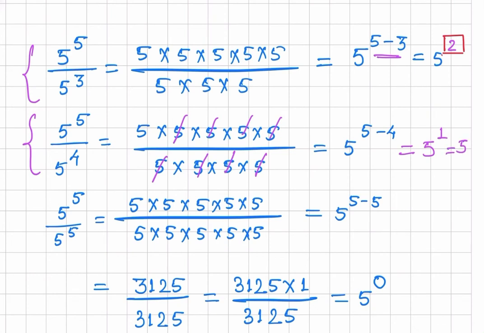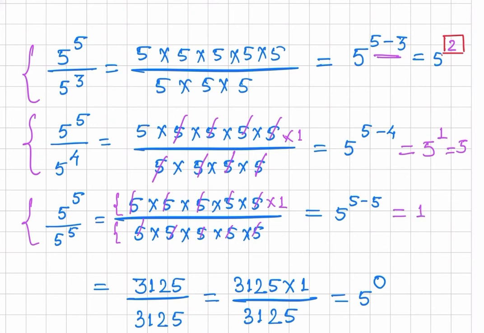Let's see 5 raised to 5 divided by 5 raised to 5. You can just write 5 five times divided by 5 five times. You can see that all the numbers are getting cancelled. So what's the result? The secret is it is just multiplied by 1. All the numbers are getting cancelled, so the answer is just 1.